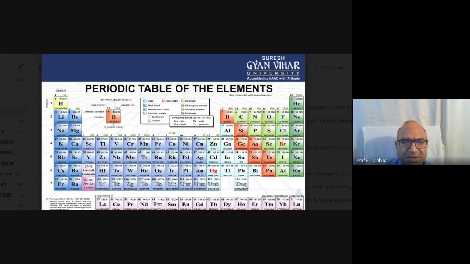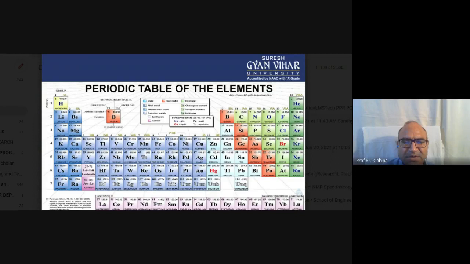You can see from left to right the hydrogen atom. These are the elements, and the very smallest particle is the atom. Hydrogen atom, helium atom, atomic number 2, lithium, beryllium, boron, carbon, nitrogen, oxygen, fluorine, and neon. So this is the basic periodic table.